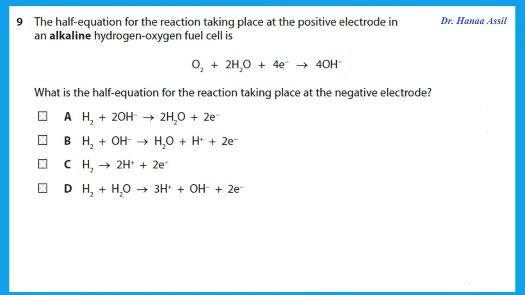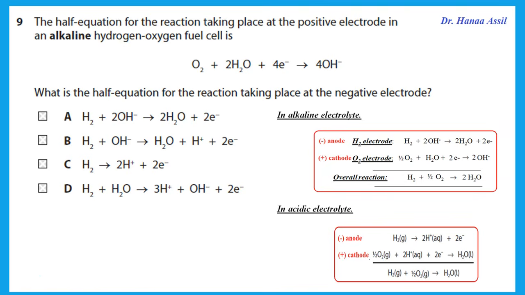The half equation for the reaction taking place at the positive electrode in the alkaline hydrogen-oxygen fuel cell is this. What is the half equation taking place at the negative electrode? You have to remember the equations that happen in the hydrogen-oxygen fuel cell. We said we could either have it in alkaline electrolyte or in acidic electrolyte.